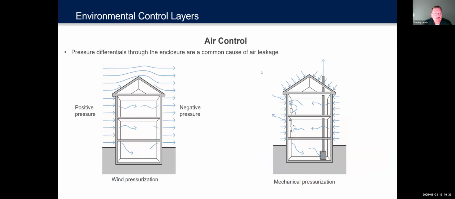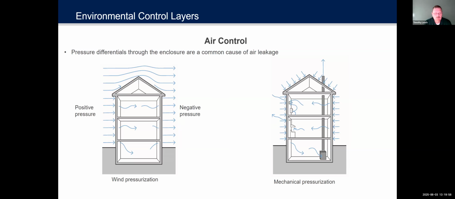We were talking about the pressure differentials. Whenever you have wind pressurization, you have one side of a building that's going to have high pressure and one side of the building is going to have negative pressure relative to what's inside the building. And whenever you have those pressure differentials, one way or the other, we can assume that it's high pressure and we can build a wall for that. But you also have negative pressures, which is suction outside of the building.